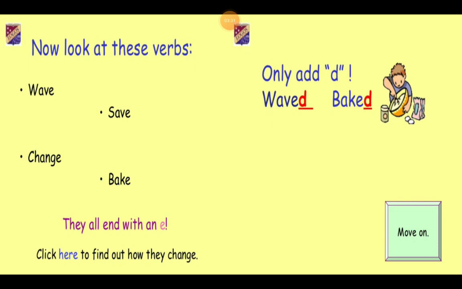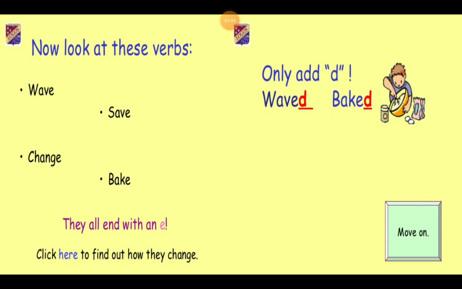So we have to add only the letter D for changing these verbs into V2 forms, right? Hope you get it. They all end with the letter E. So the answer will be waved, W-A-V-E-D, saved, S-A-V-E-D, changed, C-H-A-N-G-E-D, baked, B-A-K-E-D. That's all about it.